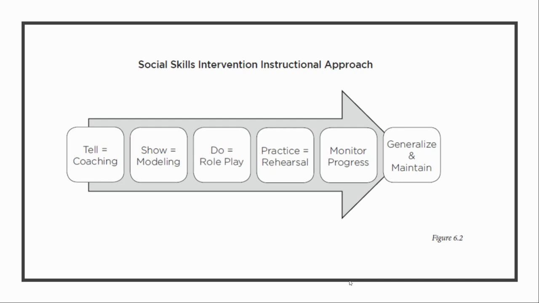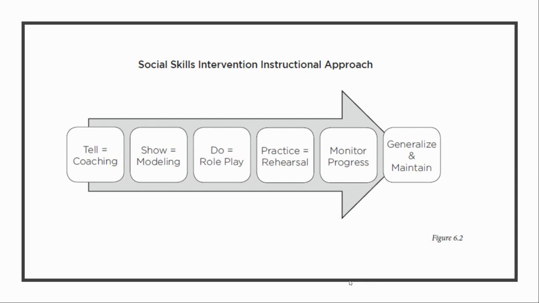So, social skills intervention instruction follows a specific instructional approach. We start off with instruction by telling. We are providing that coaching, we're explicitly teaching that skill. The next step is the show, where we are going to model that skill. The next step is the do. They are going to do role playing to help them learn and acquire that skill.